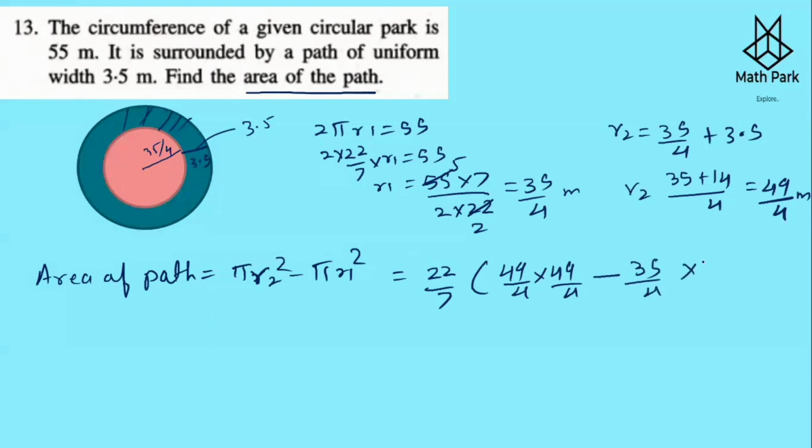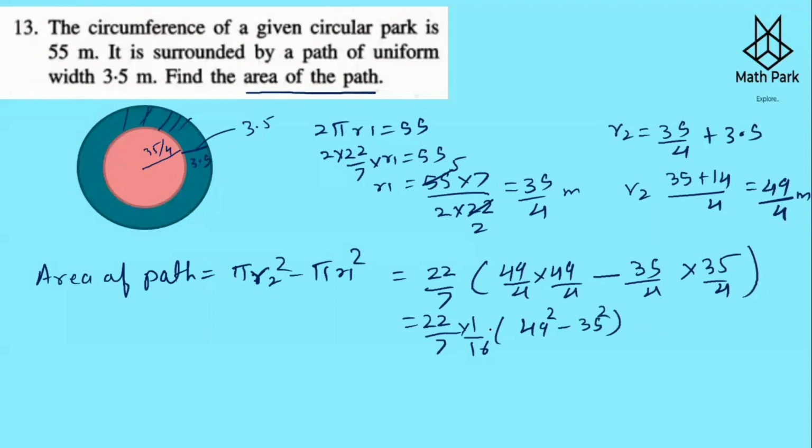So we get 22 by 7, 4 by 4 squared is 16. We take 1 upon 16 common. In the bracket, we are left with 49 squared minus 35 squared.